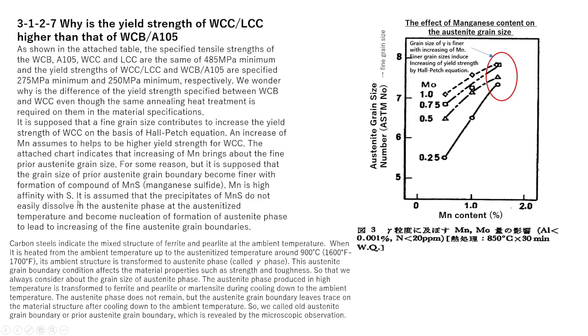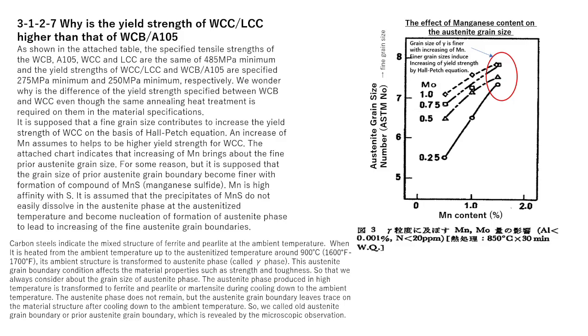It is assumed that the precipitate of manganese sulfide does not easily dissolve in the austenite phase at the austenitized temperature, and becomes nucleation of formation of the austenite phase to lead to increasing of the fine austenite grain boundaries.